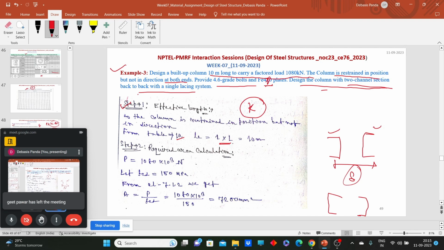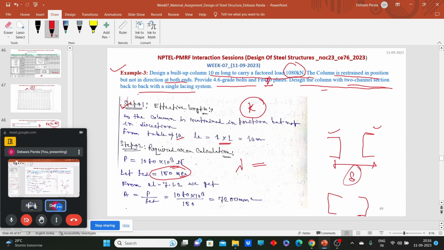Now we need to calculate the value of required area, right? We have the factored load which needs to be transferred. Here the factored load is 1080 kilonewton, so I made it 1080 into 10 cubed newton. Here I consider the value of FCD. Instead of considering lambda, I have directly considered the value of FCD as 150, or you can first consider lambda, then from table 9C calculate the FCD value.